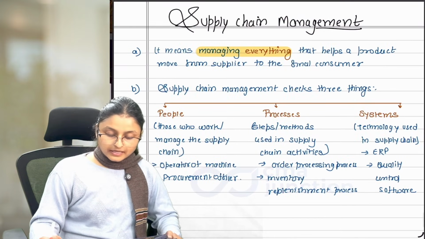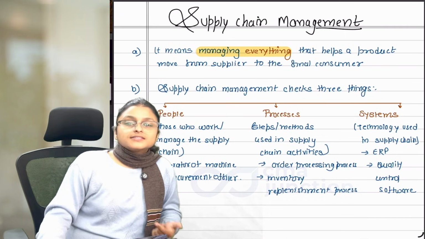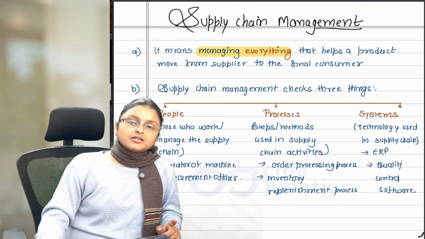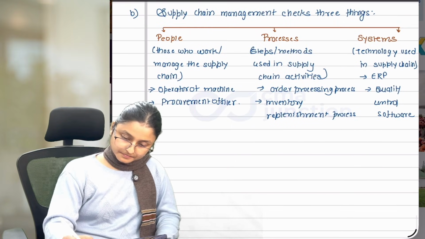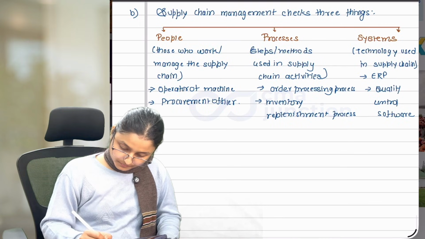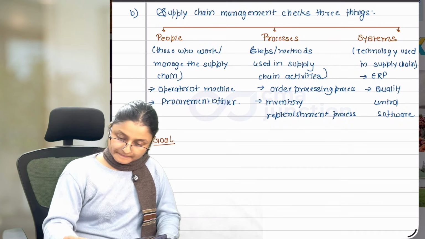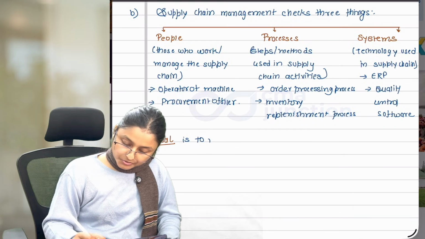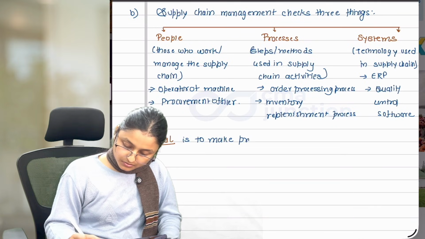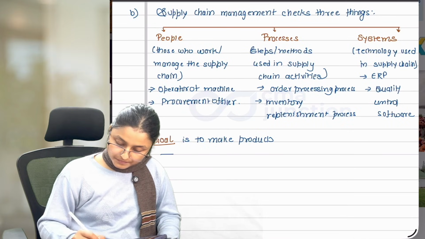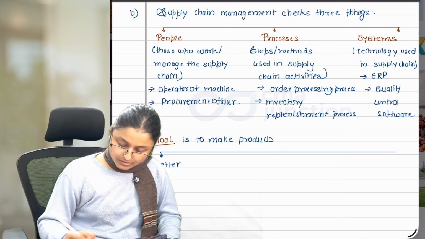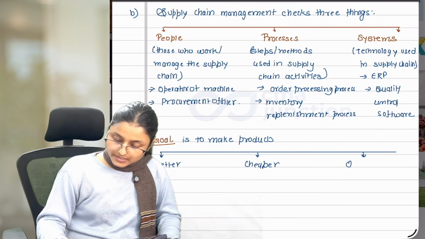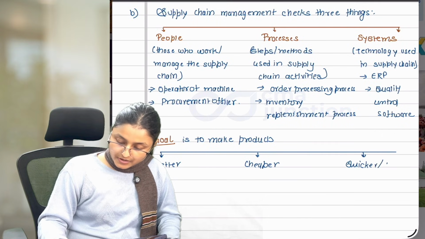Now, next is why we manage supply chain. What is our goal? To become better, cheaper and faster. The goal is to make products better, cheaper and quicker, or we can say faster.